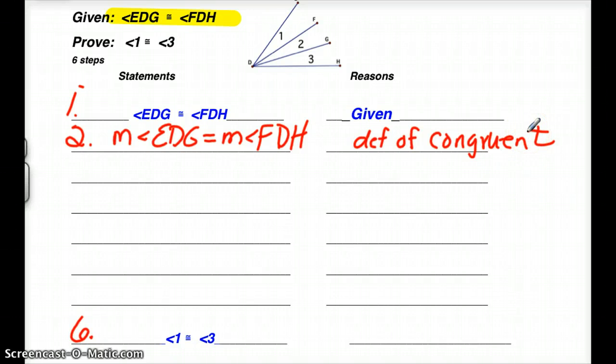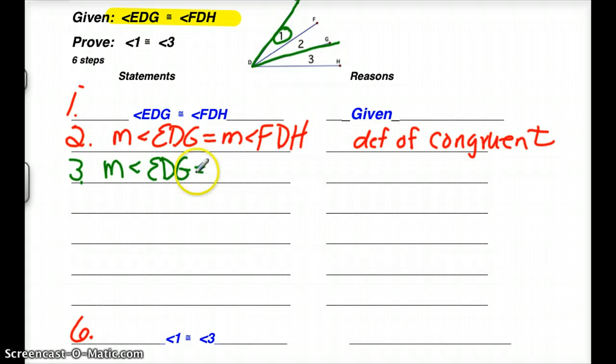Okay, now at this point, I need to start introducing angle 1 and angle 3. They give me EDG, so I need to use the measure of EDG to introduce angle 1, because angle 1 is part of angle EDG.